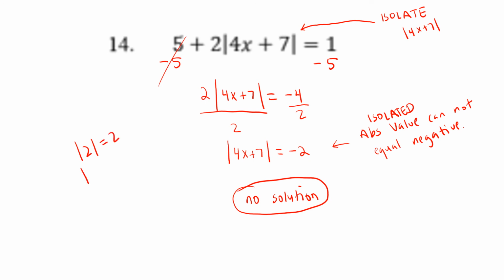Absolute value of 2 is positive 2, absolute value of negative 2 is positive 2. There's no way we can do an absolute value here and get a negative 2. So basically the easiest way to think of this is anytime you do the absolute value, it's a positive. This is saying there's a positive, it's equal to a negative 2? No. That's impossible, hence no solution.